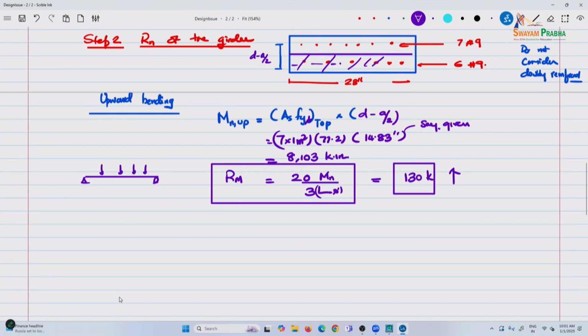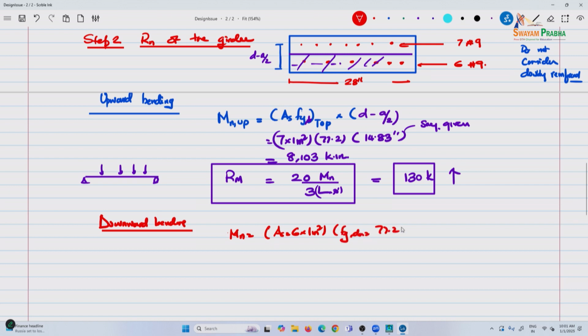Then we look at downward bending, the normal. In downward bending, Mn is now with As equal to 6, Fy dynamic equal to 77.2, and here for downward bending it is 15.4, because a is going to be different.